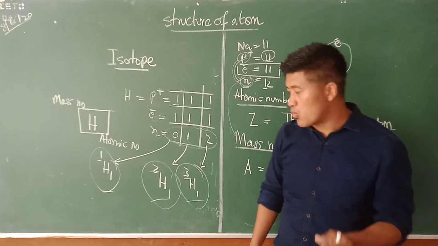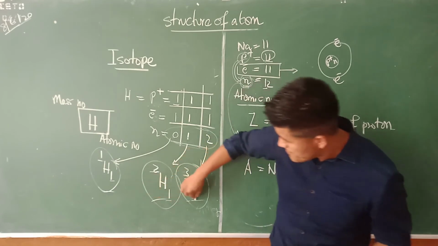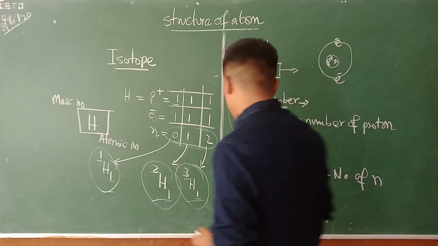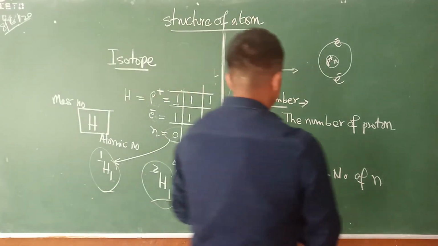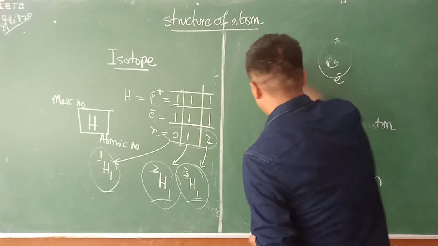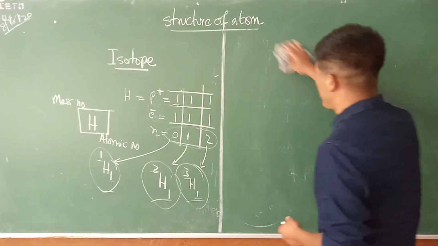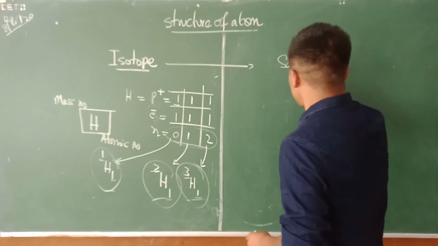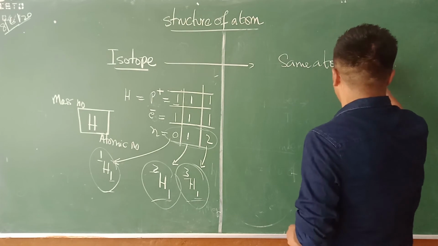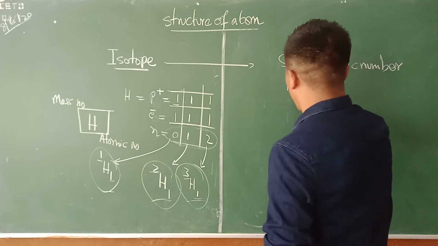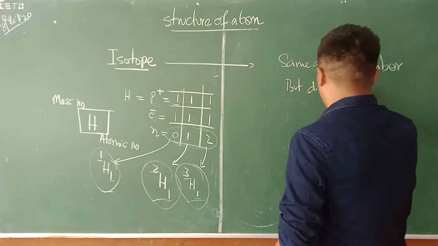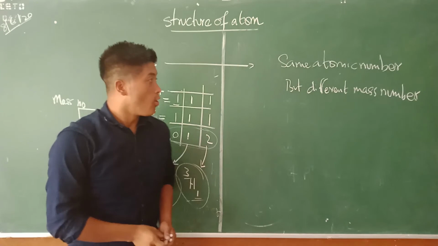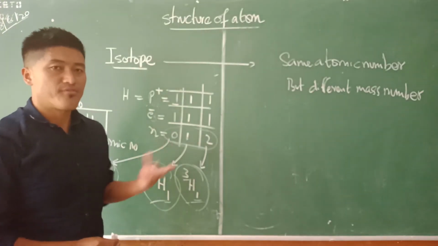So all those atoms which have the same atomic number but different mass number are what we call isotopes. Is that clear?